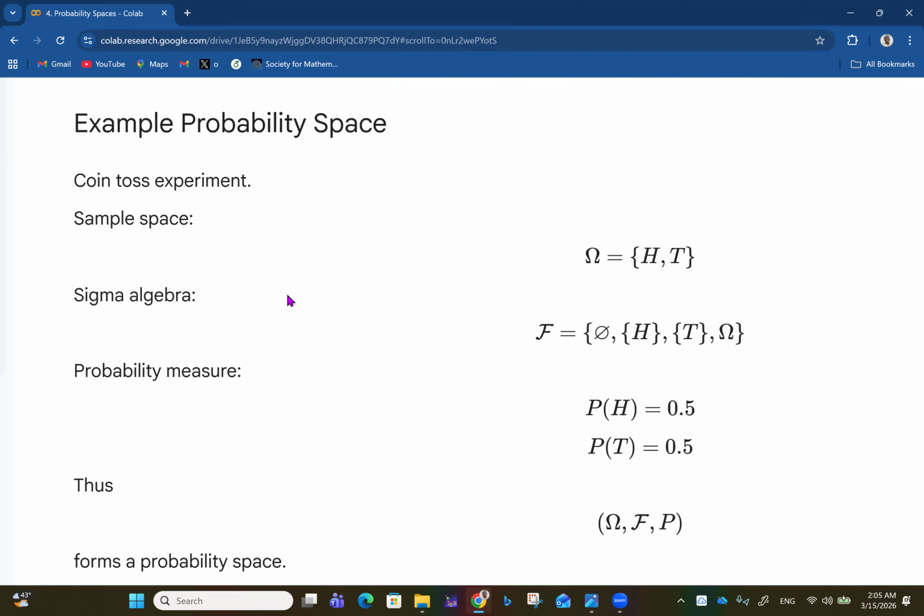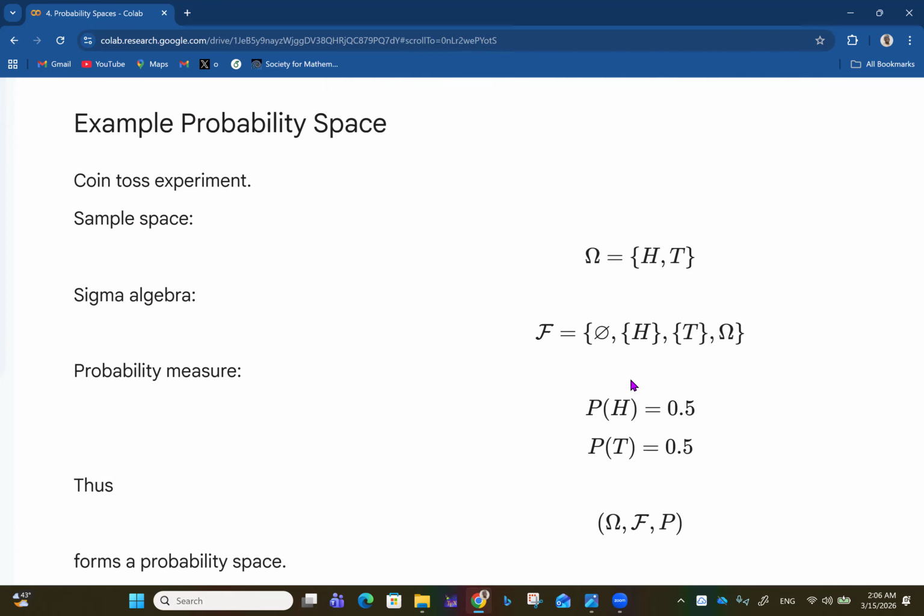Then the sigma algebra, which you can also call the event space, is the empty set, omega, H, and T. The complement of H is T, the complement of T is H, and the empty set union H is H. Then omega union anyone remains omega.